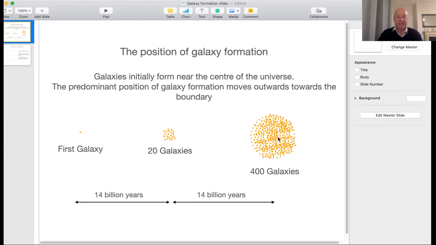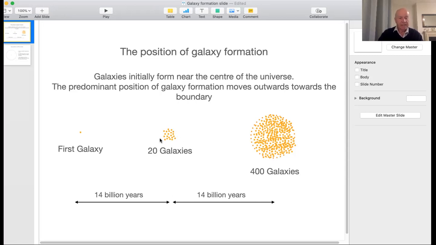So here we see 400 galaxies, but the point is that in 14 billion years the universe is expanding by a factor of e, which is around 2.7. So these aren't to scale.